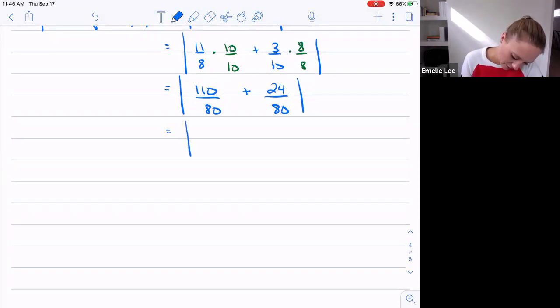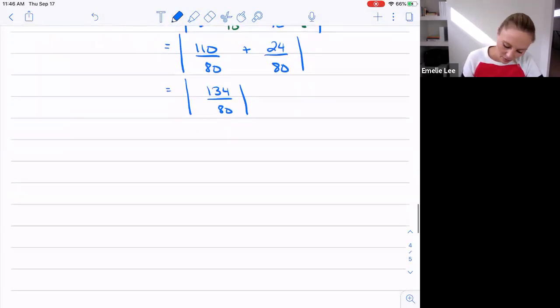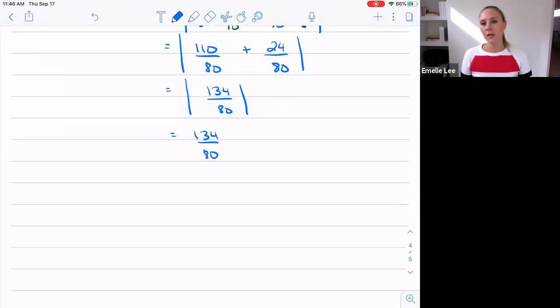110 plus 24 is 134 over 80. And the absolute value of that is just, because 134 over 80 is positive, we can just drop the absolute value. And so we get 134 over 80. You can simplify it, but you don't have to.